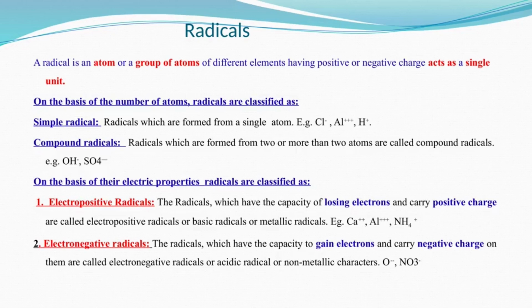For example, oxide ion O2 minus and NO3 minus, the nitrate ion. So with this we have classified the radicals into different types on the basis of number of atoms and electric charge on them. Next slide please.